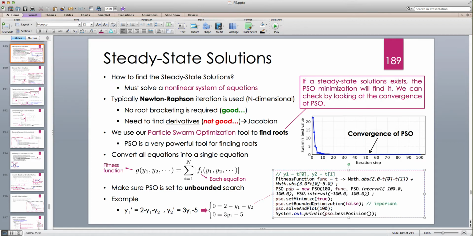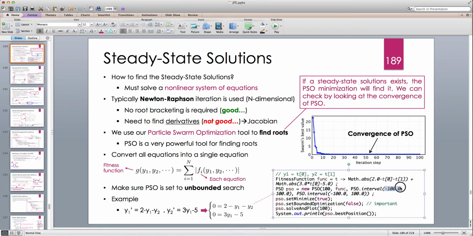And I create my PSO, new PSO, 100 particles, passing my fitness function, and then initial intervals for each variable, T0 and T1. And again, it doesn't really matter, the intervals, because we're doing an unbounded search, unbounded optimization. So the PSO doesn't have to guarantee that the solution eventually is inside these intervals.